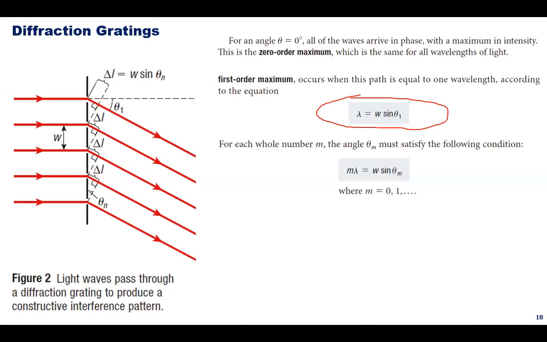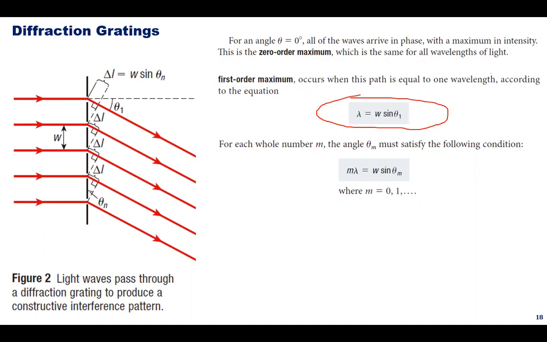This condition is exactly the same as the condition for the first maximum for the double slit. The result is constructive interference at an angle theta from each slit and the bright maximum in that direction.